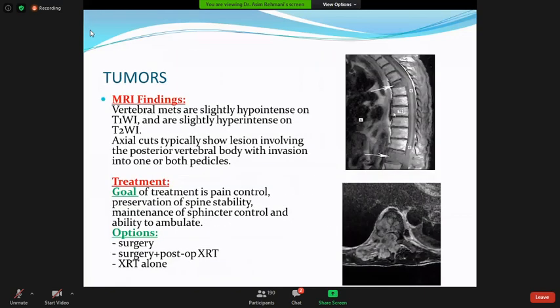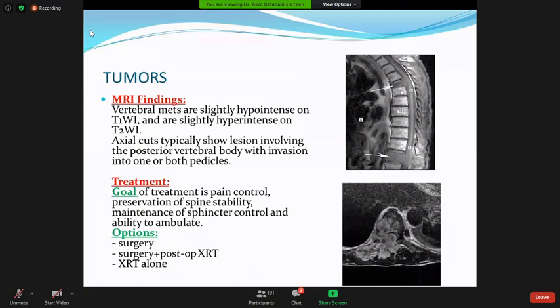So this is an MRI dorsal spine T1 weighted image showing hypointense vertebrae at the levels of T4, sorry, T5, T8, 9, 10, 11, and 12.